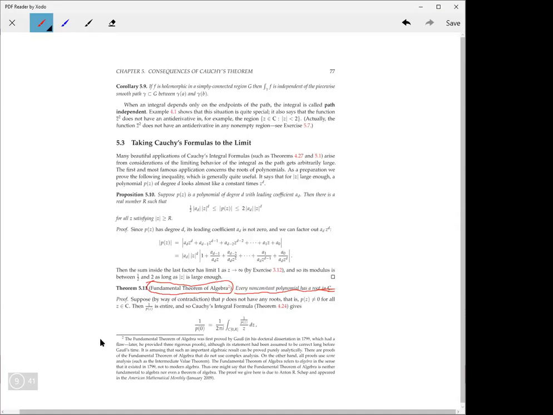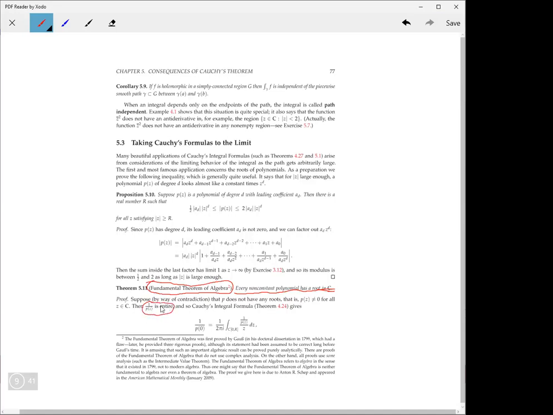We know that polynomials are entire functions, right? And if you take the reciprocal of an entire function, 1 over an entire function, it's going to be entire where it's not 0. So if it's never 0, and we're supposing that P does not have any roots, that means it's never 0.